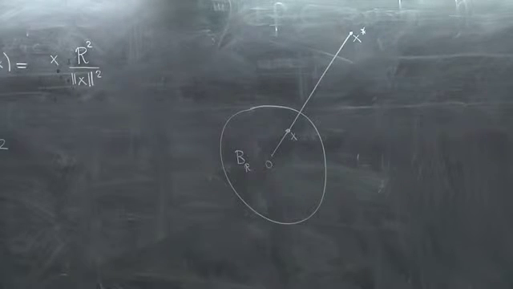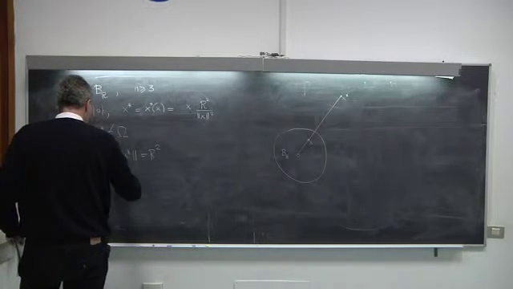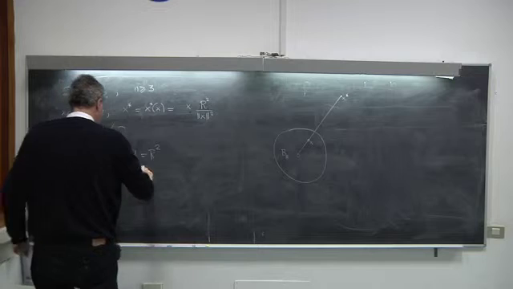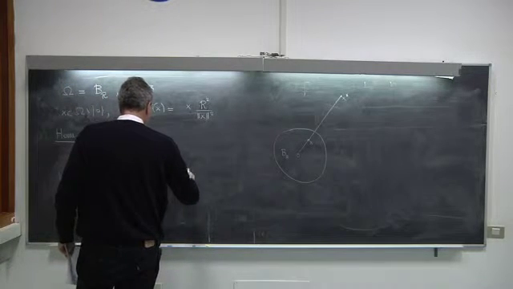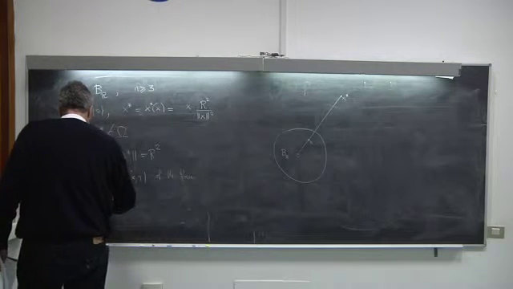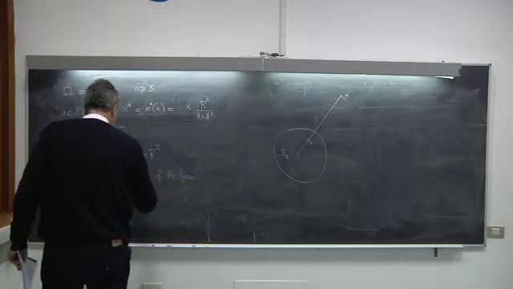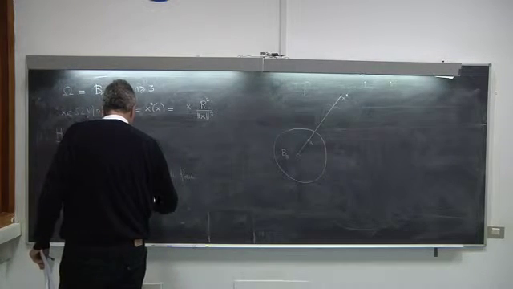Fine. Now, we look for G omega of the following form. There is a singular part here, which is phi of x and y.